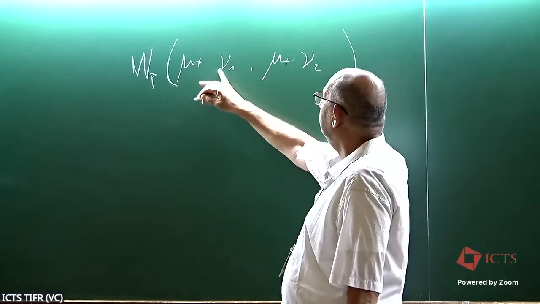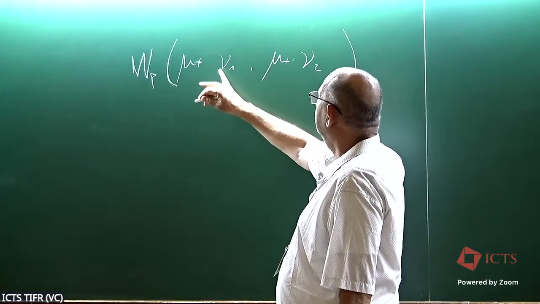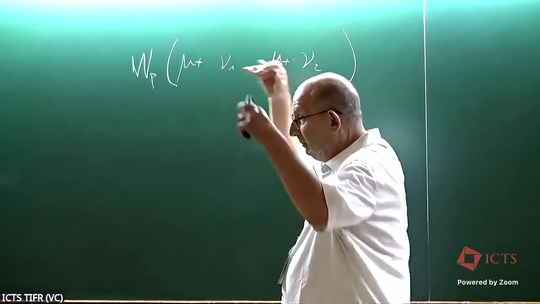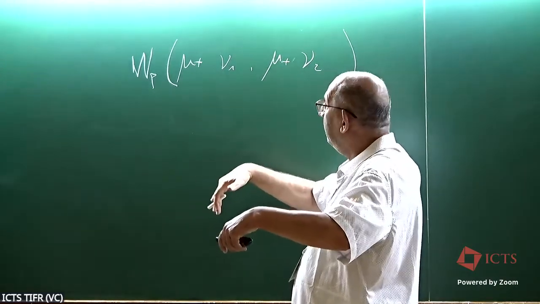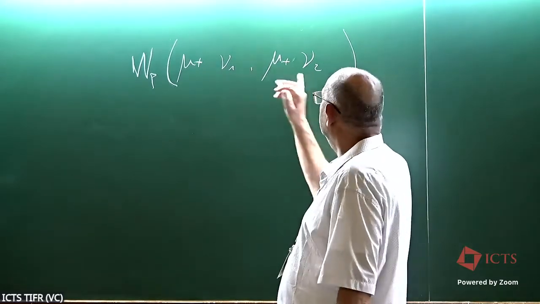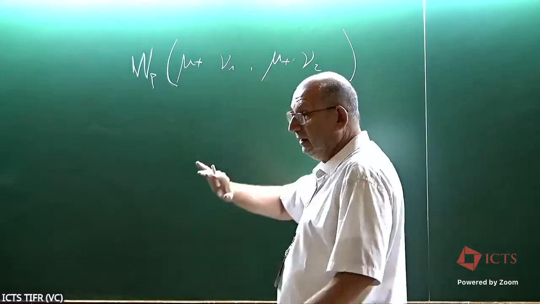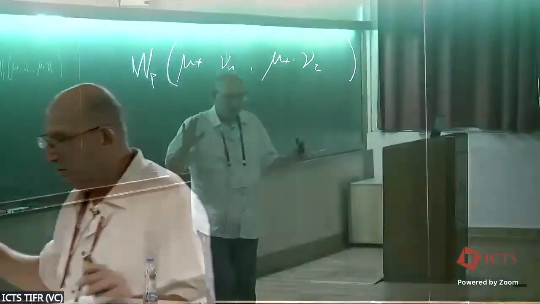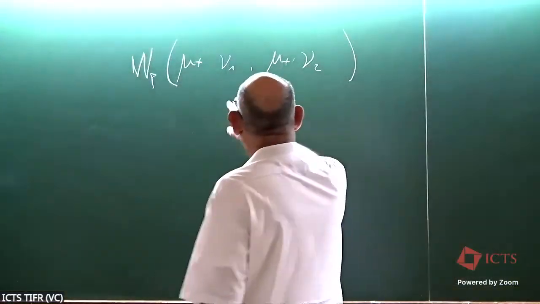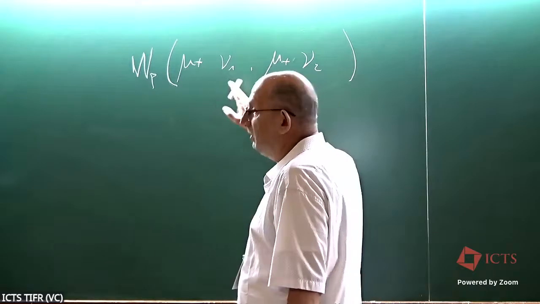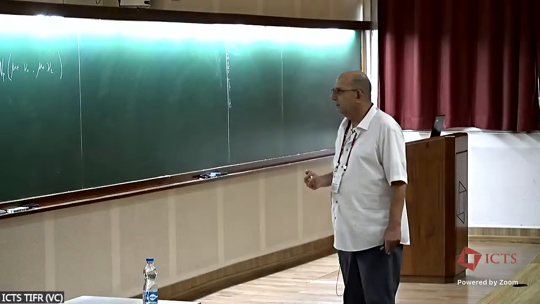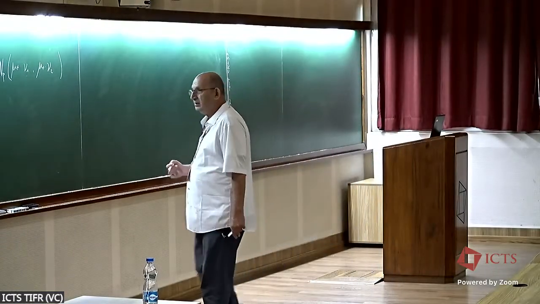Because if you look at the optimal map which transports nu1 to nu2, and then you add some mass to the domain, you can use the same transport map which pushes nu1 to nu2 and leave the other mass at rest. So this will have the same cost as the distance between nu1 and nu2, but this will not be optimal. You can do much better if you calculate the optimal transport.